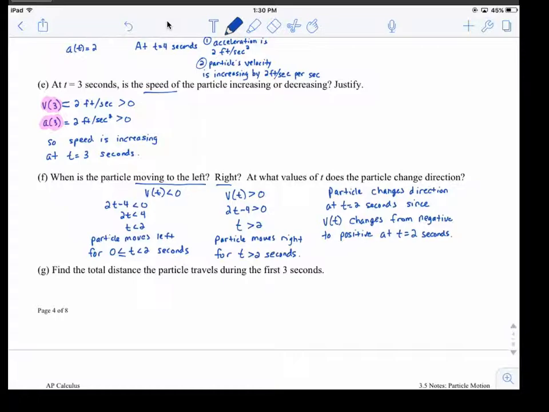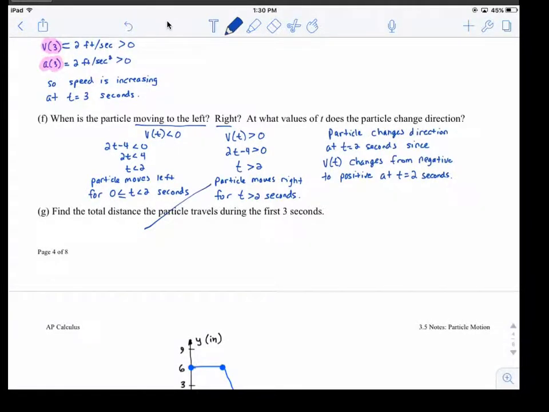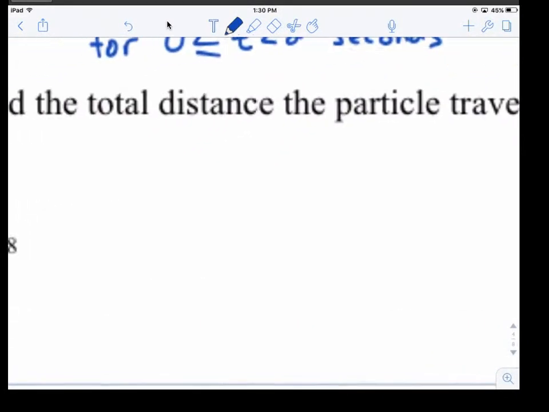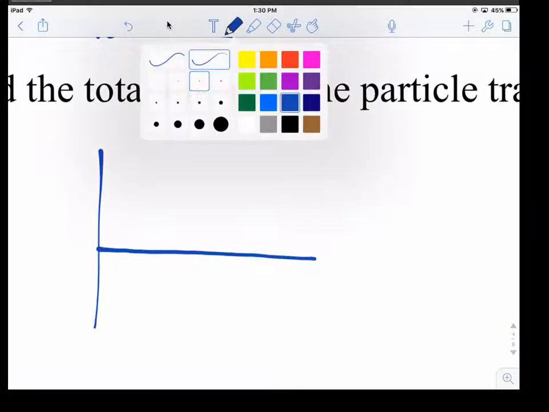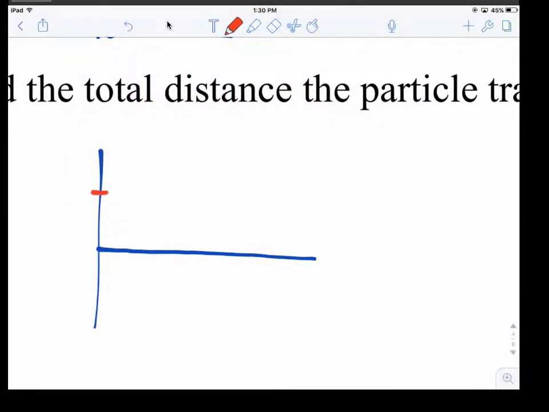All right, last part says find the total distance during the first 3 seconds. So we figured out that the particle is at 3 at x equals 0.